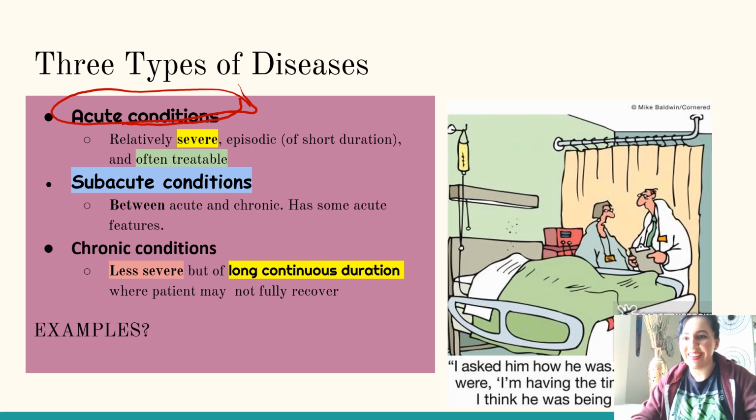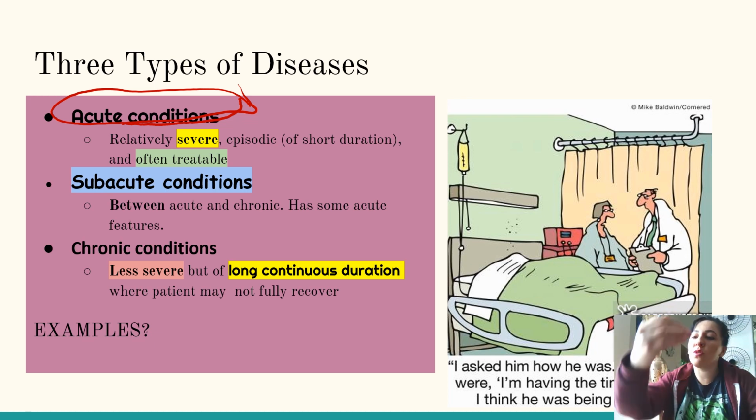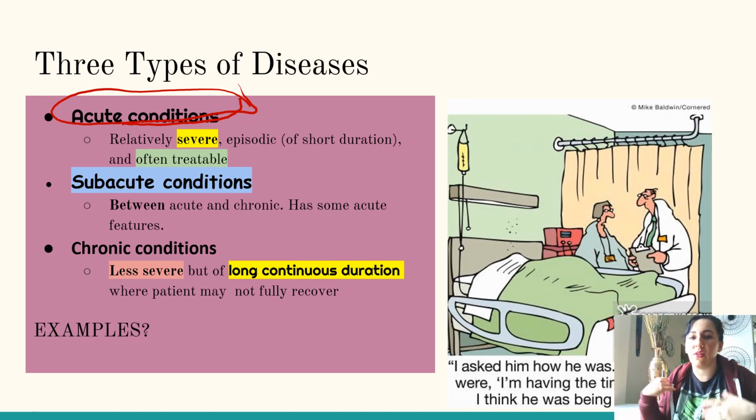I'm not a doctor. So anyway, and then you move down into the subacute condition section or level of disease because now you just have casts all over you. You have your plaster thing, and you're just going to kind of be sitting in that for several months until it heals.